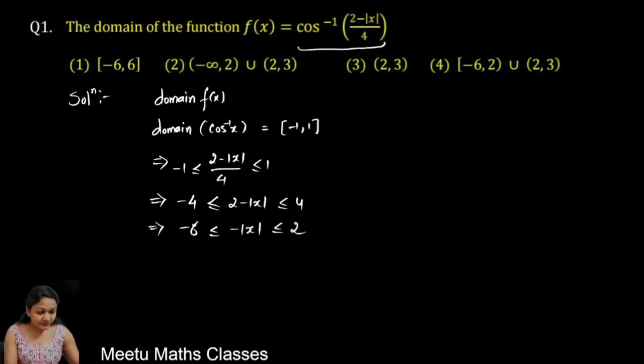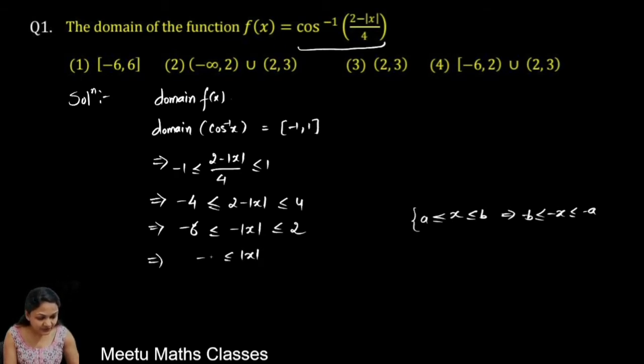Now if x is lying between a and b, that implies minus x is lying between minus b and minus a. So using this property we can write that |x| must lie between minus 2 and 6.